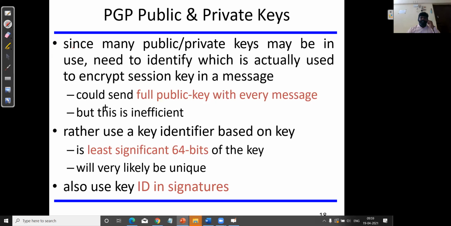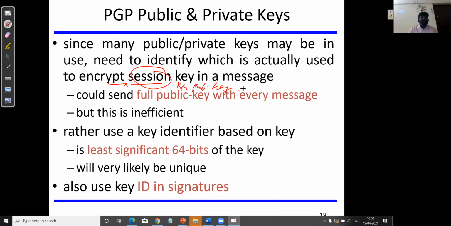we need to identify which key is actually used to encrypt a session key in a message. What was the key used to encrypt the session key? Actually, we discussed this point. In order to send the session key secretly, the session key was encrypted using the receiver's public key.